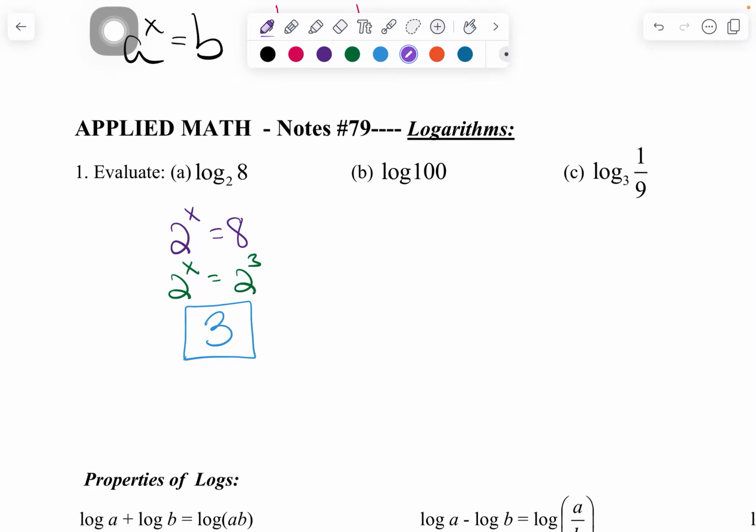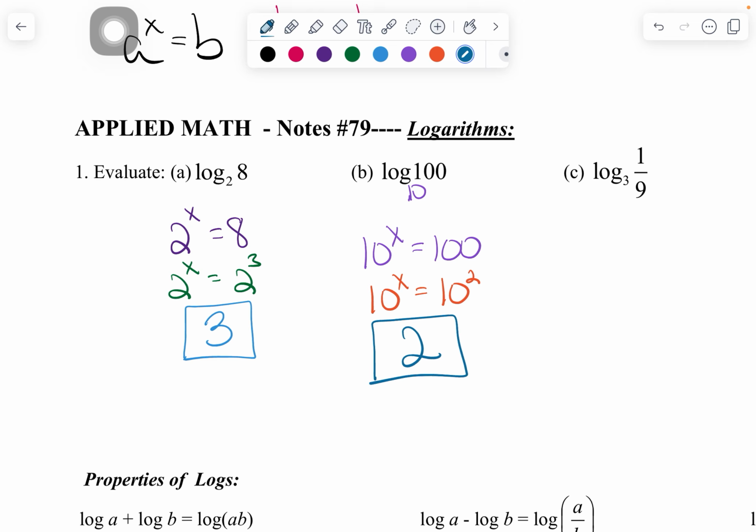So the assumption you get to make with a common log, just where it says log, is base 10. So again, we're going to do 10 to some power is equal to 100. And if you happen to know it, awesome. If you do the rewrite, this would be 10 to the x is equal to 10 squared, right? 10 times 10 is 100. And that means that log of 100 is equal to 2.